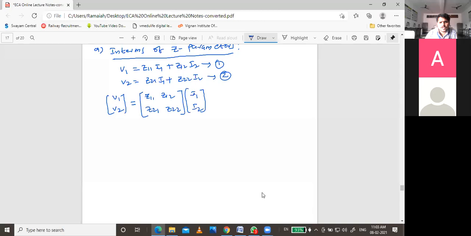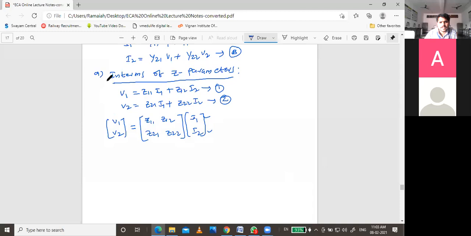Now I want to find the solution for I1 and I2, because we want the Y parameters. So I am taking the help of Cramer's rule.